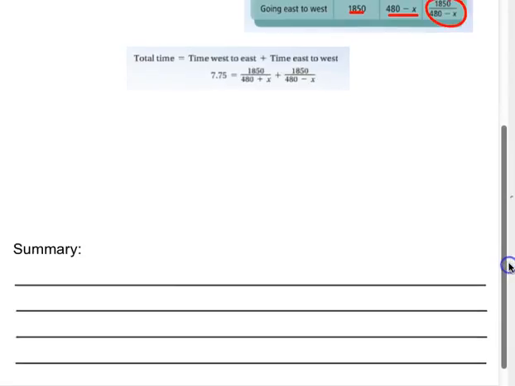So now we have some work ahead of us, right? So we have 2 different denominators, right? So what does that mean? Well, that means that 7.75 needs both the 480 plus x and the 480 minus x on the top and bottom.